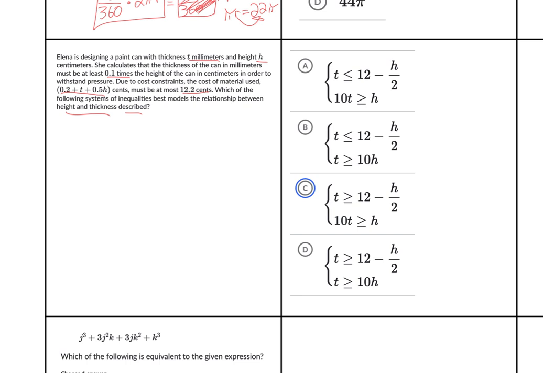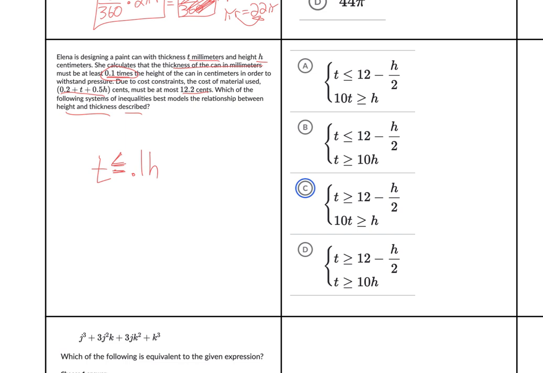So let's take a look at what we can see here. The thickness of a can in millimeters must be at least 1/10 times the height of the can in centimeters. So that means the thickness must be at least, okay, so I've got a less than or equal to sign, 0.1 h.